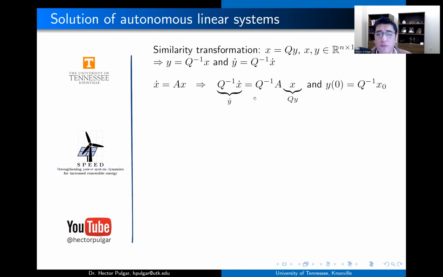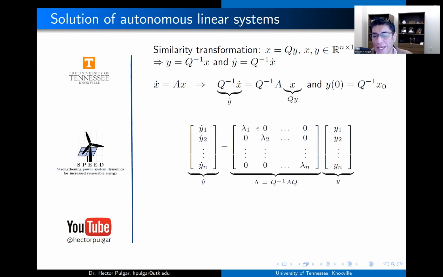As I discussed in a previous video, Q inverse A Q is equal to capital lambda, which is a diagonal matrix with the eigenvalues of the matrix A on the diagonal. For the initial condition, because we have the definition of y and x here, you simply replace the value of x0, the initial value for the state variables, and that's how we obtain the initial values for the new state variables y.